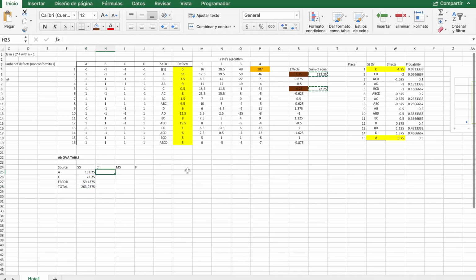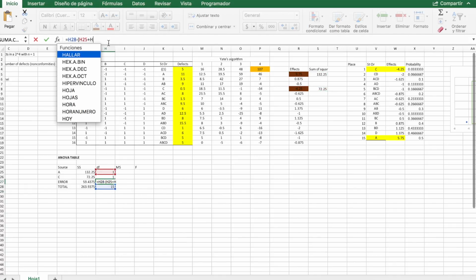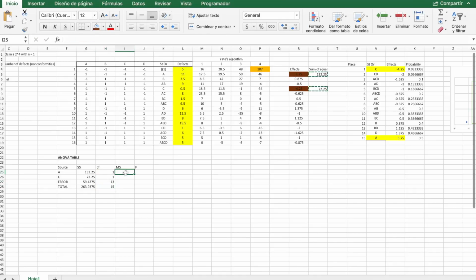The degrees of freedom for each effect are 1, the total is 15, and for the error it is 15 minus 1 plus 1. The mean square is going to be the sum of squares over the degrees of freedom. For the F-test, it is the mean square over the mean square of the error, and it's the same for both.